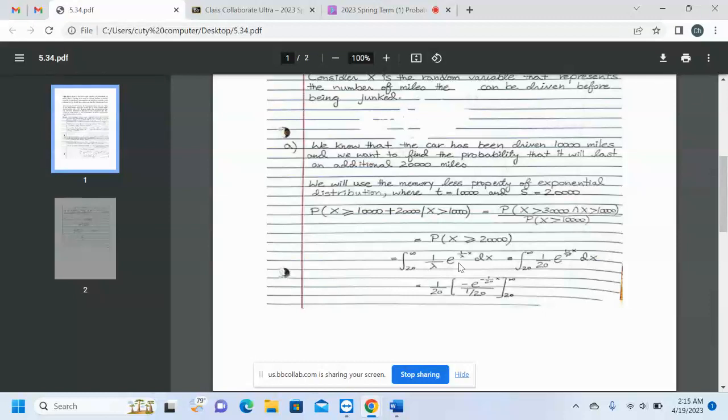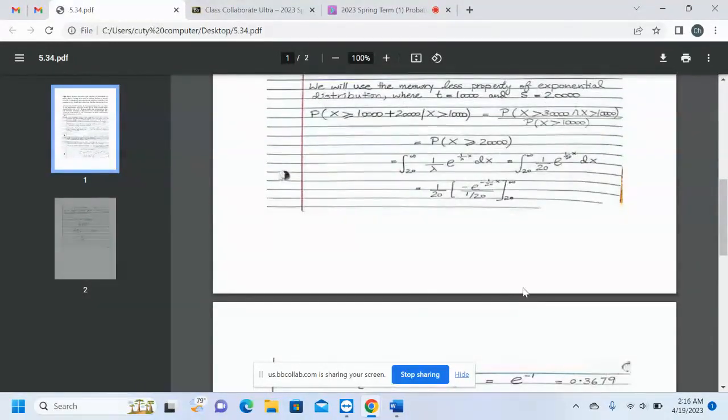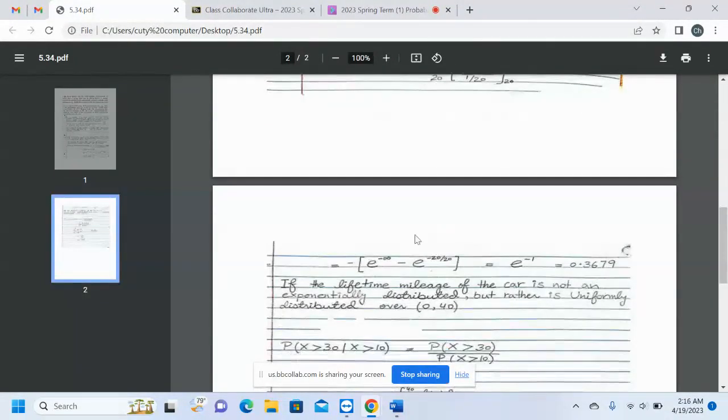After putting the value and applying the formula of the integral, we will get 1 over 20 into minus exponential raised to the power minus 1 over 20 x over 1 over 20, with upper limit infinity and lower limit 20. After putting the limit, we will get exponential raised to the power minus 1, which is equal to 0.3679.